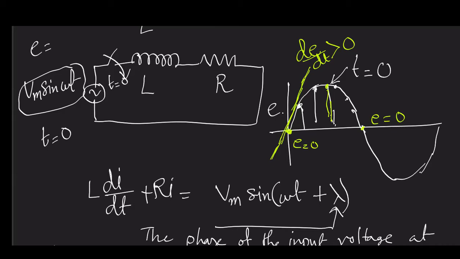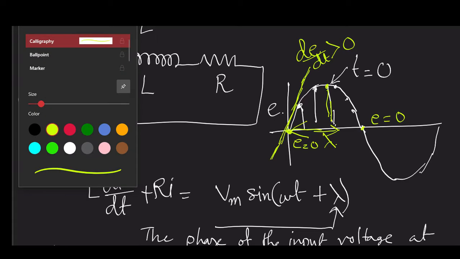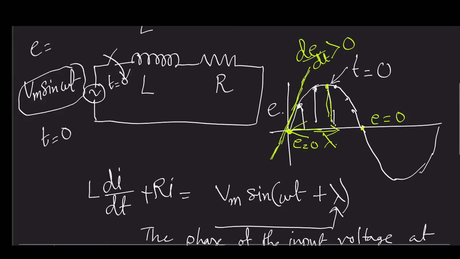But what we need to know is this difference. This is the value of our lambda. So if this is our lambda, then think about how this lambda can alter the entire transient behavior of our system.